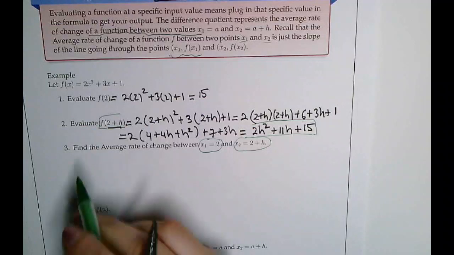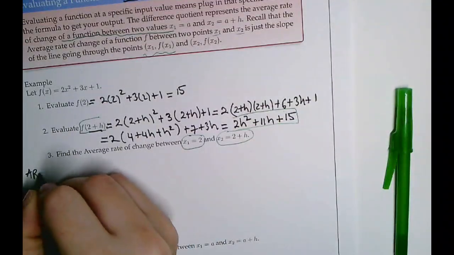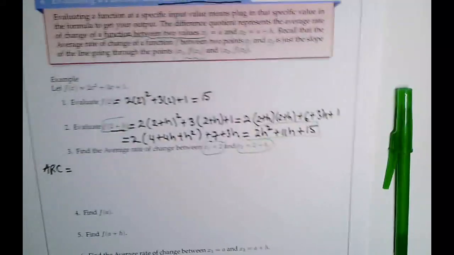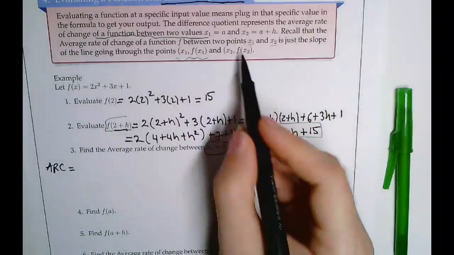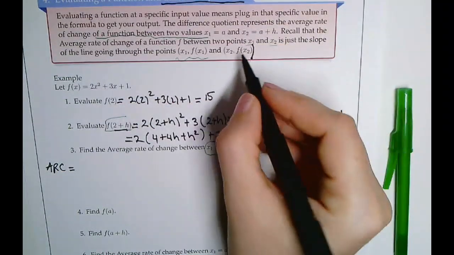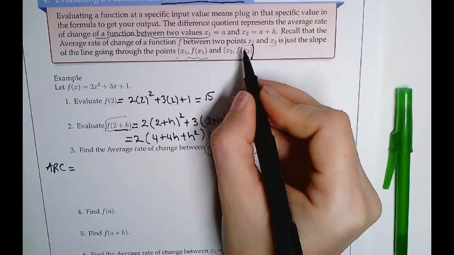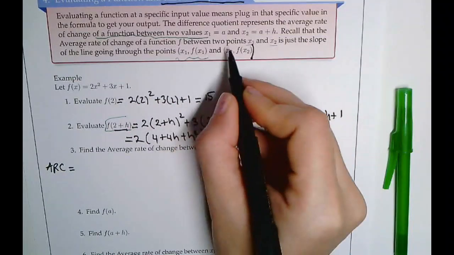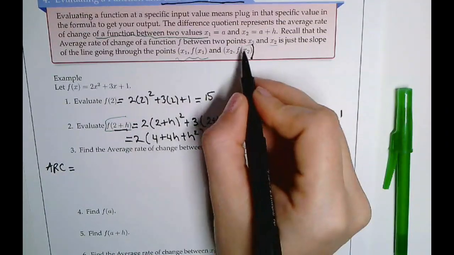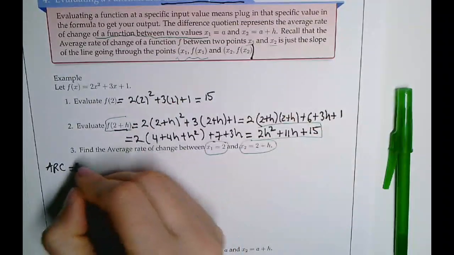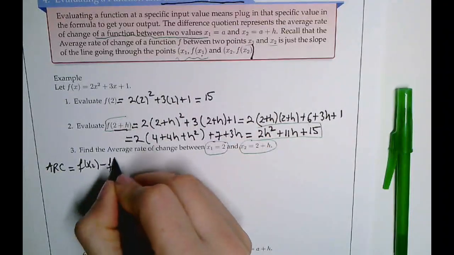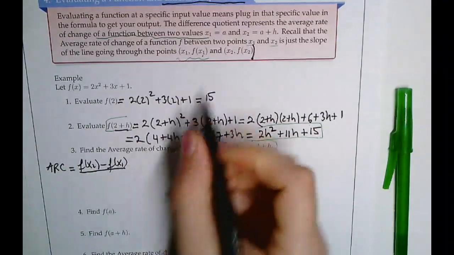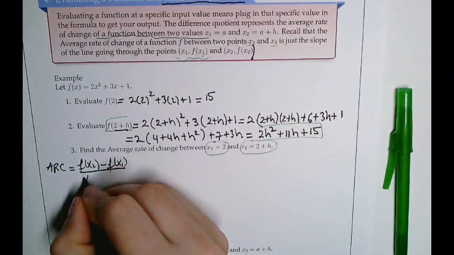So if I want to find the average rate of change between these 2 points, it's going to be the slope, so it's going to be y2 minus y1 over x2 minus x1. But y2 is f of x2, so it's going to be f of x2 minus y1, which is f of x1, over x2 minus x1.